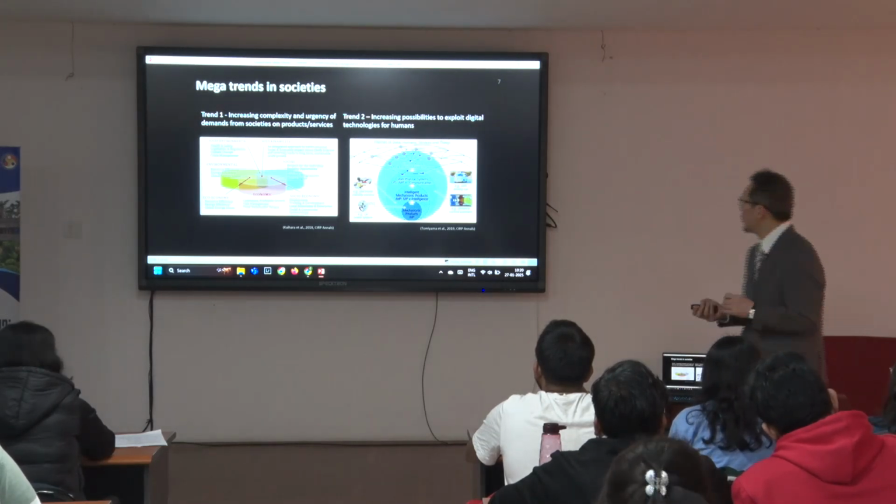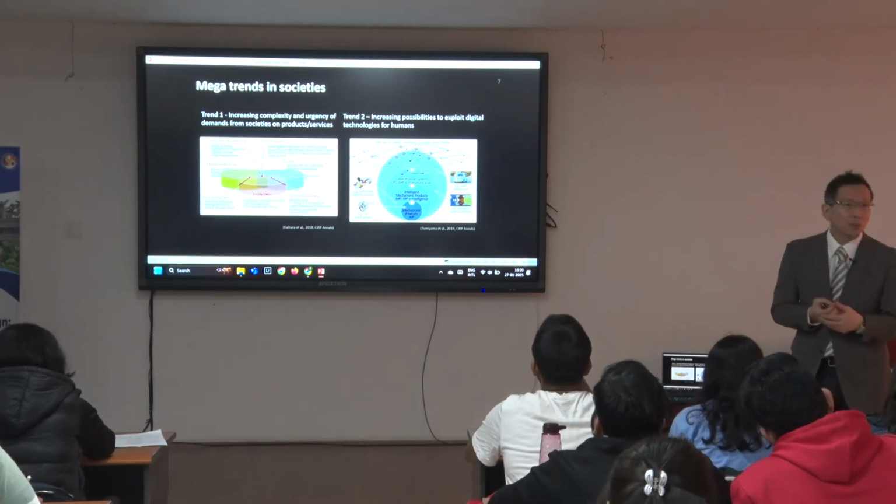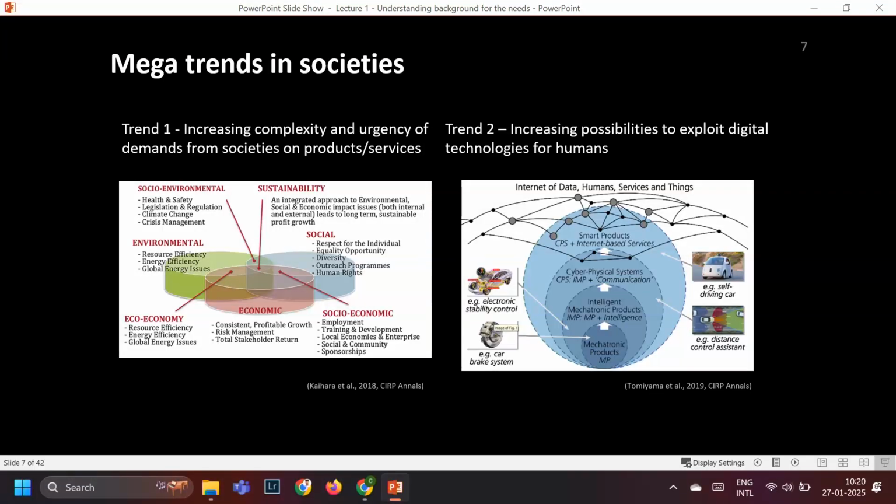So these opportunities are so much enhanced over the years, and probably especially in the last 2 years or so, the accessibility of especially generative AI has made this opportunity so visible, more visible than ever.